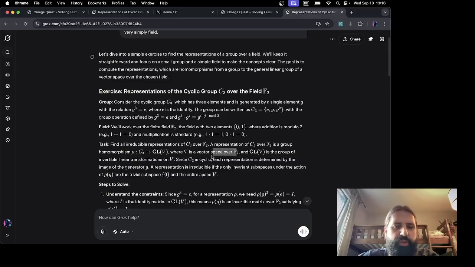I guess that's the vector space that is the result of combining C3 and F2.